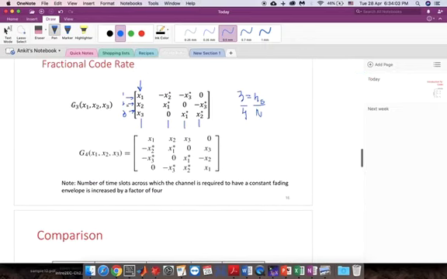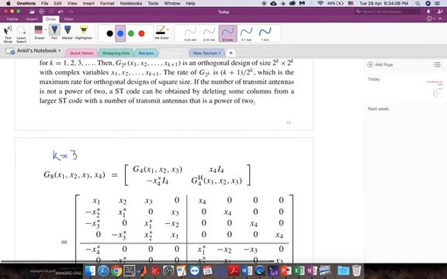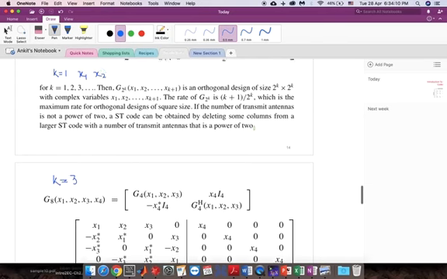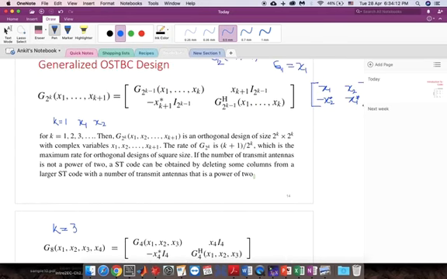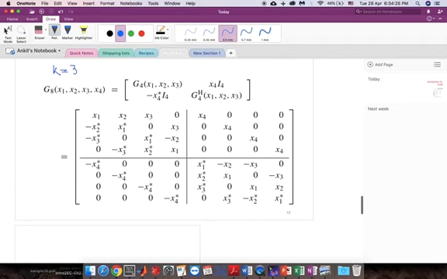We need to substitute this value of G4 here, or you can find this G4 with the help of this formula. It's a kind of recursive thing. So by substituting the value of G4 here, we get this. Try to find out the rate of this particular OSTBC matrix.